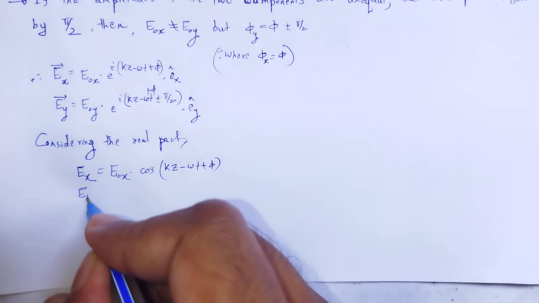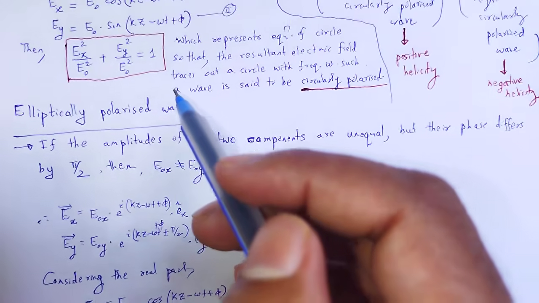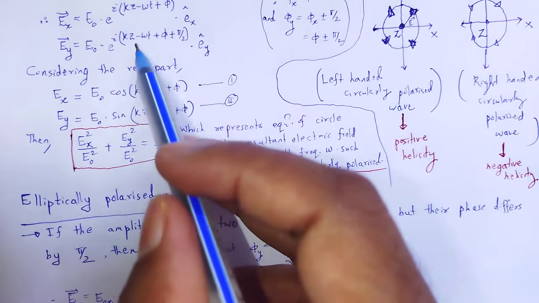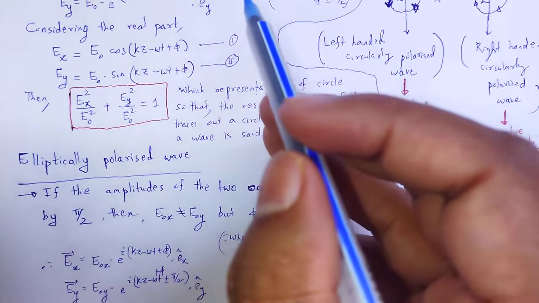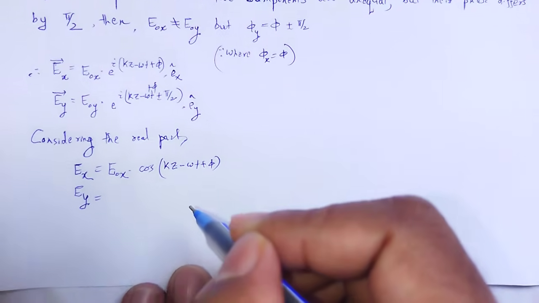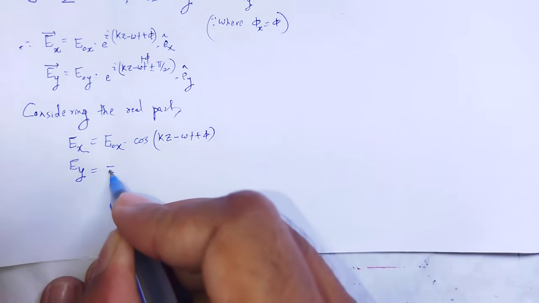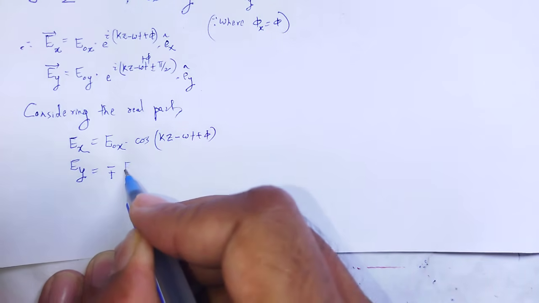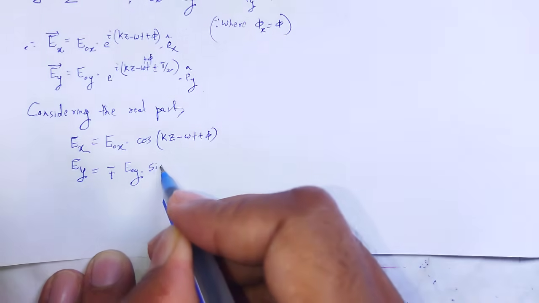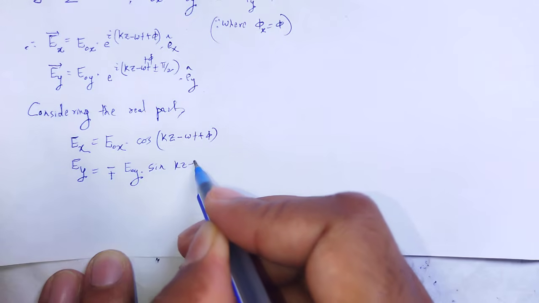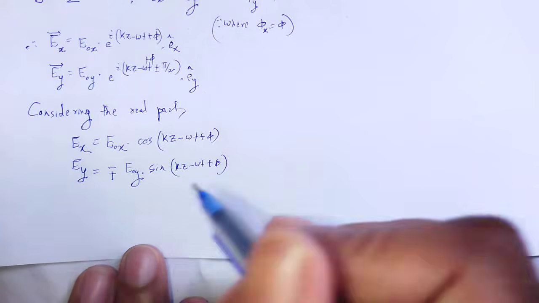Next, Ey is equal to, cos of pi by 2 plus theta is this, but in that situation it is minus plus Eoy sin(kz minus omega t plus phi).